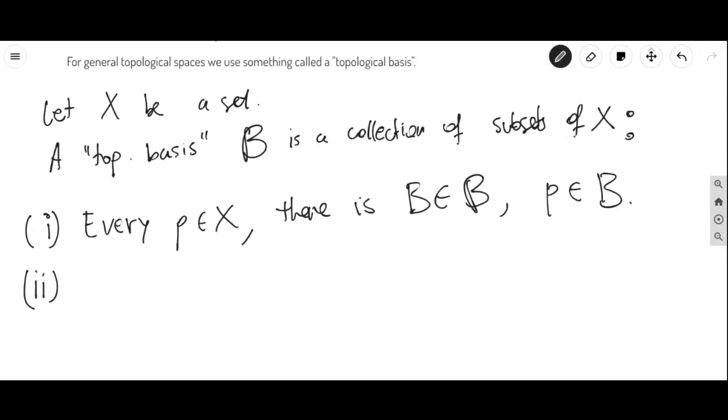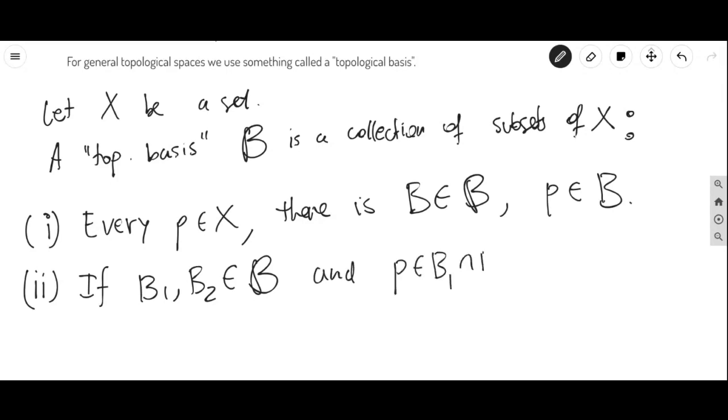The other property is, if B1 and B2 are in your topological basis, and let's say they intersect at a point. Now, if the intersection is empty, then there's nothing to check. But if they intersect in the point, there is.